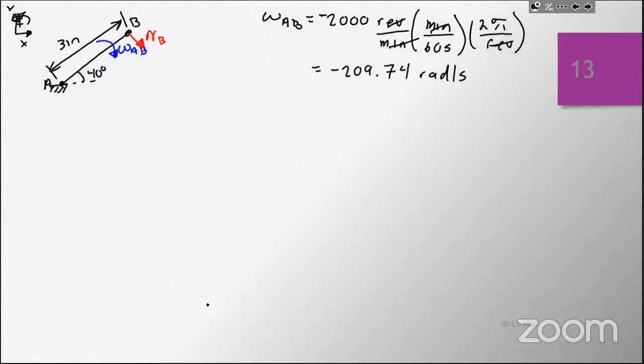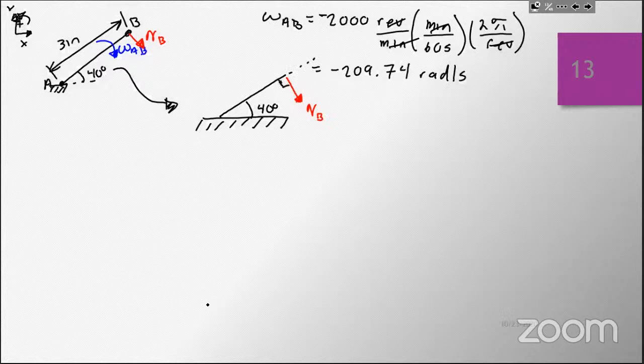Okay. We're also going to need a little bit of geometry here, so I'll try to draw this as straight as I can. 40 degrees. This is V sub B. It makes a 90-degree angle here.